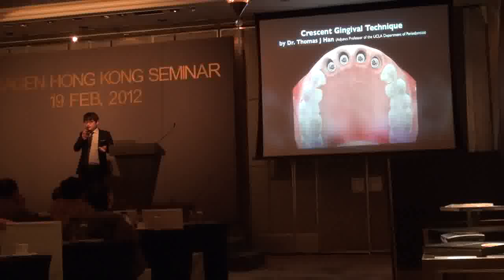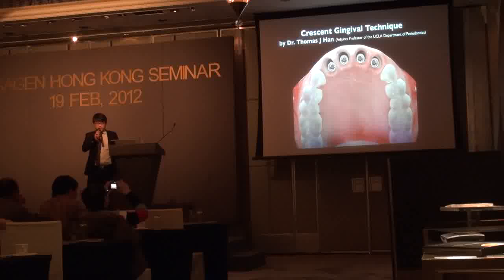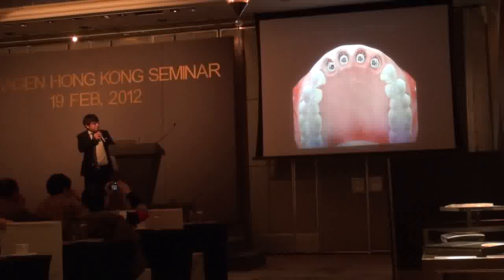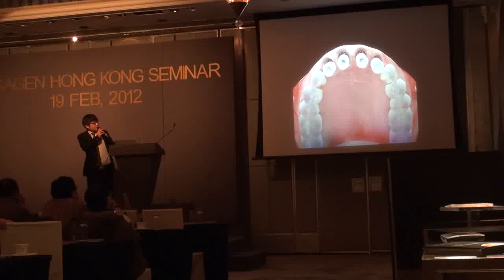And also, with the POM abutment, there is a special technique by Dr. Thomason at UCLA. He placed 4 temporary plastic abutments in the maxillary incisor area with some bone grafting.